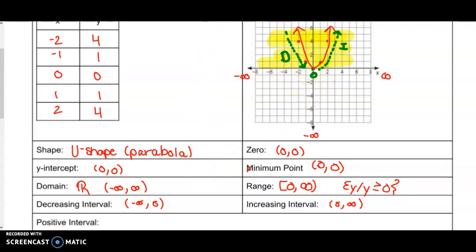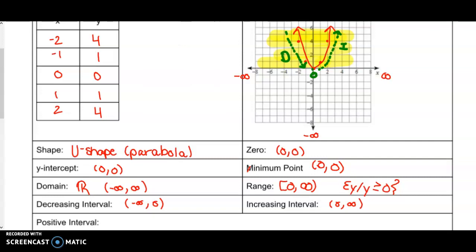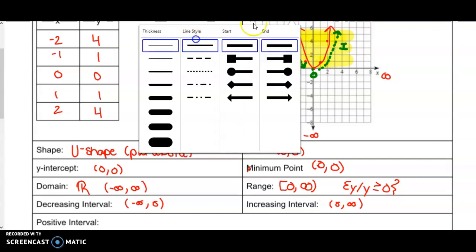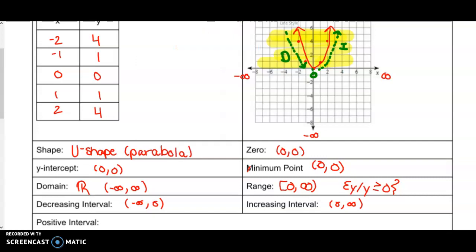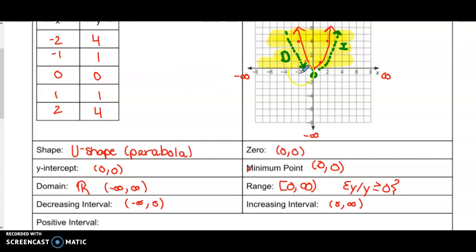All right, so I'm going to do this in two pieces. I'm going to do the left piece first. I can get my pen to work here. So this piece here is between negative infinity and 0 with a parenthesis.